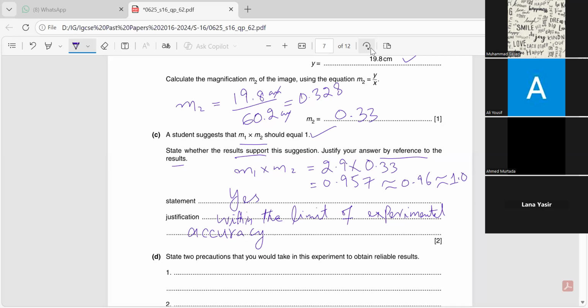Now, please, all of you, just check it, and then I will be calculating the percentage error to check whether it is above 90% or not.